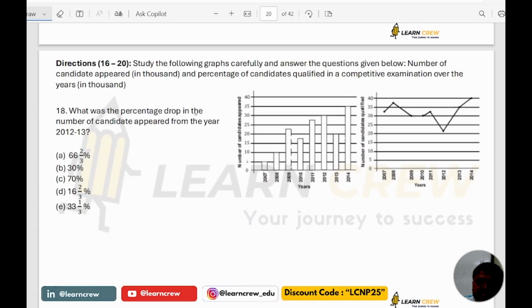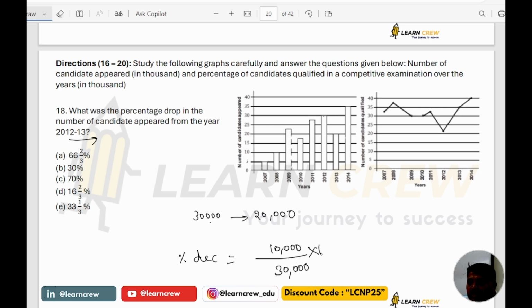What was the percentage drop in the number of candidates appeared from the year 2012 to 2013? In 2012, the number of candidates appeared is 30,000, and in 2013 it has dropped to 20,000. So percentage decrease is nothing but the change in value, 10,000, by initial value 30,000, into 100.